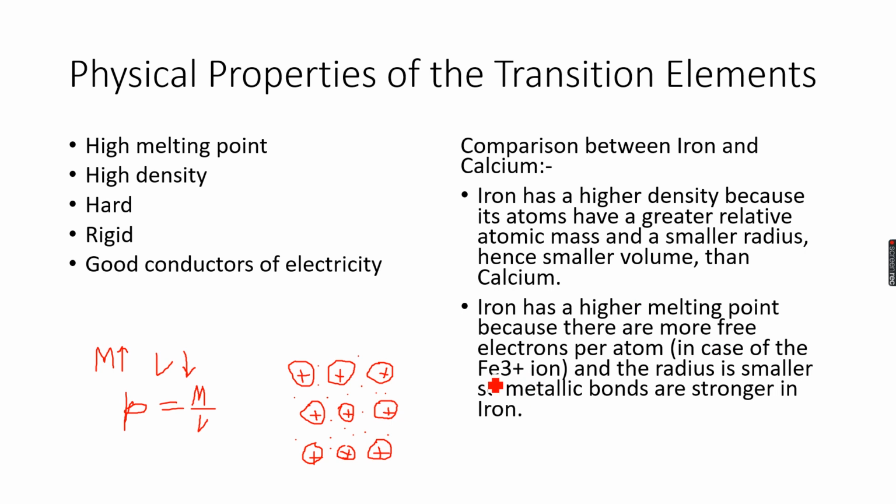So if we take this Fe3+ ion and compare it to a Ca2+ ion, because calcium forms Ca2+ only, and iron forms Fe3+ and Fe2+.